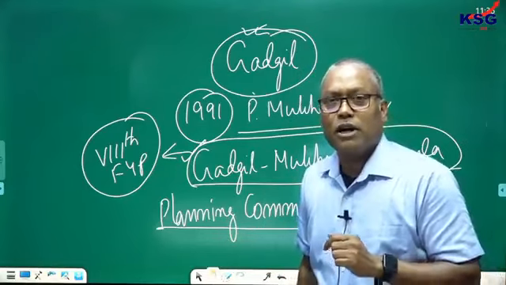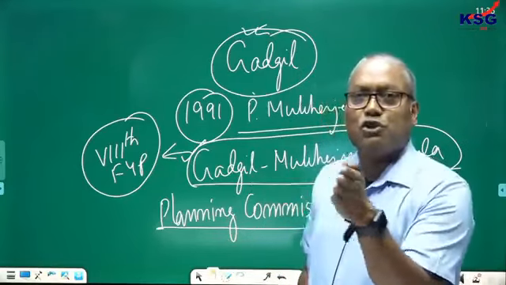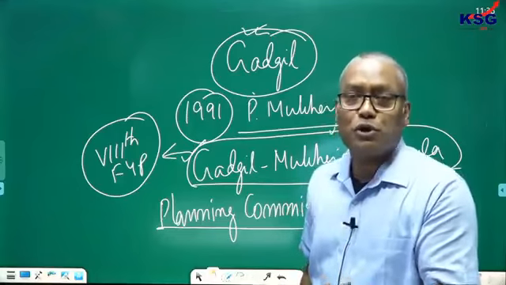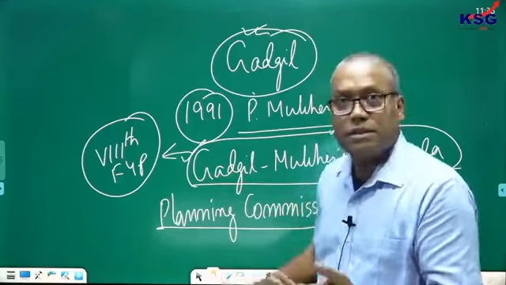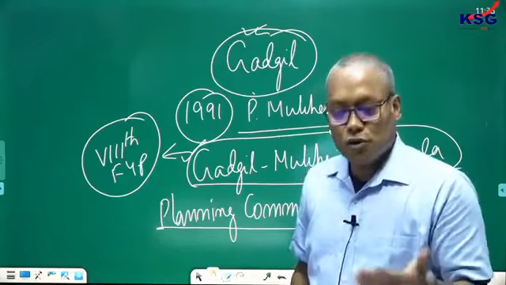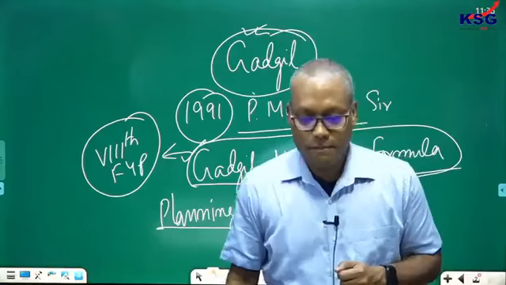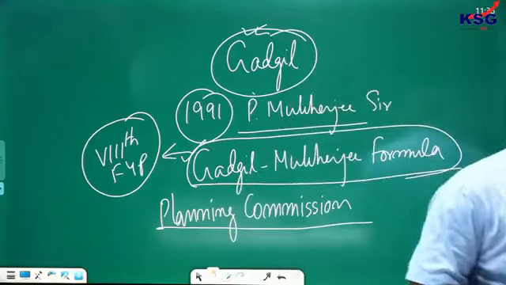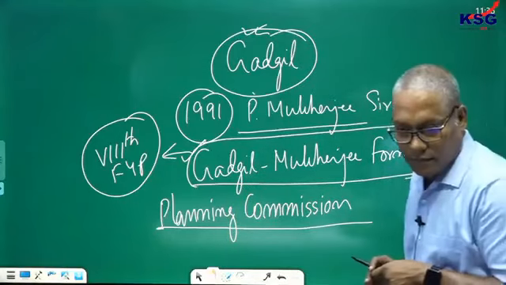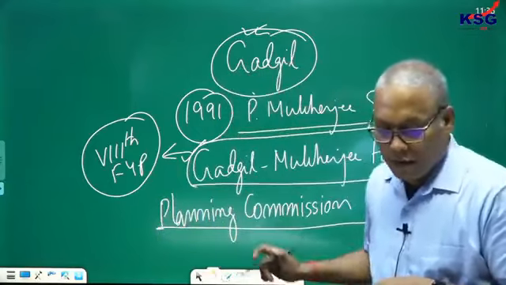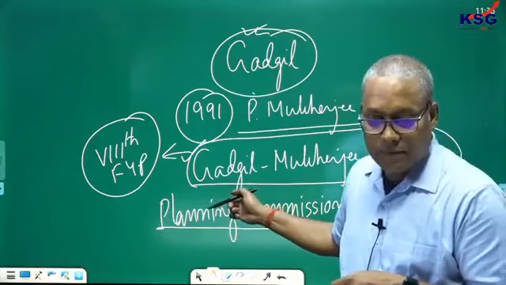Even before the 12th 5-year plan ended, Niti Aayog was constituted, and Niti Aayog had no power to allocate funds, so this formula became irrelevant. So after that, who is finally going to decide? The Ministry of Finance. Is it clear to all? This part I discussed. Clear?